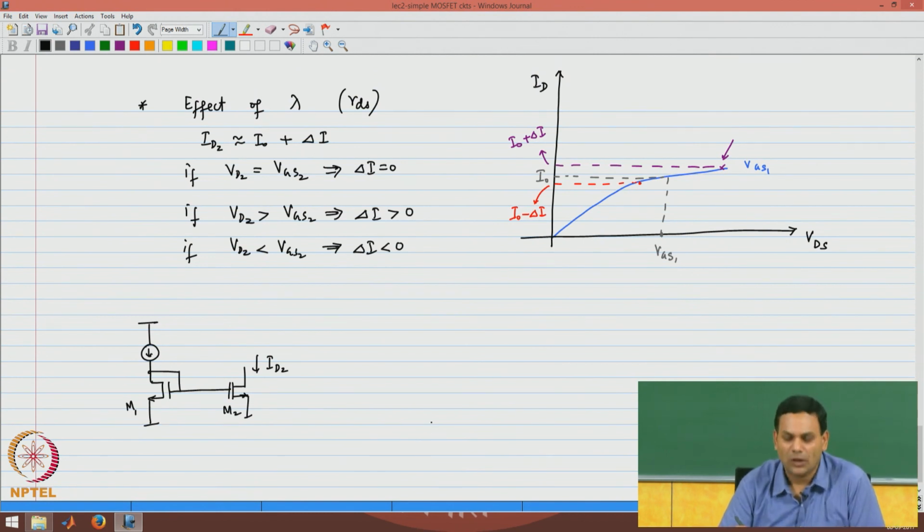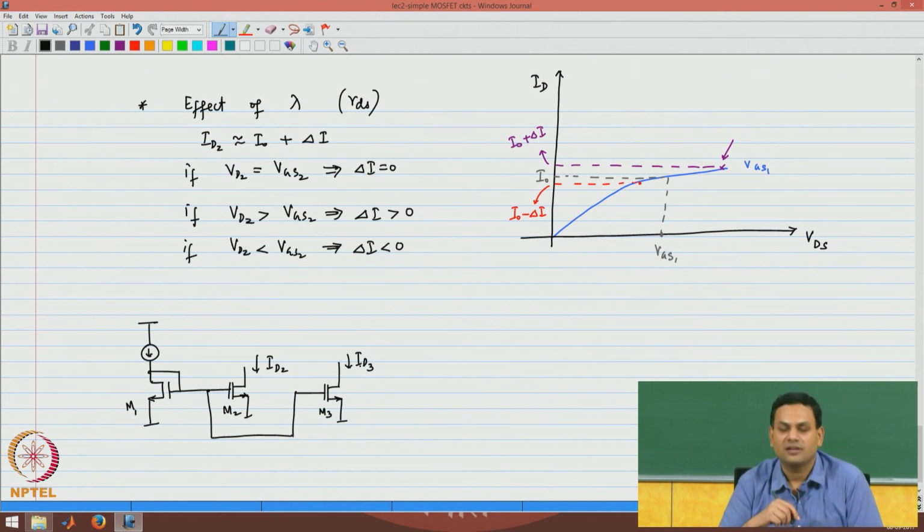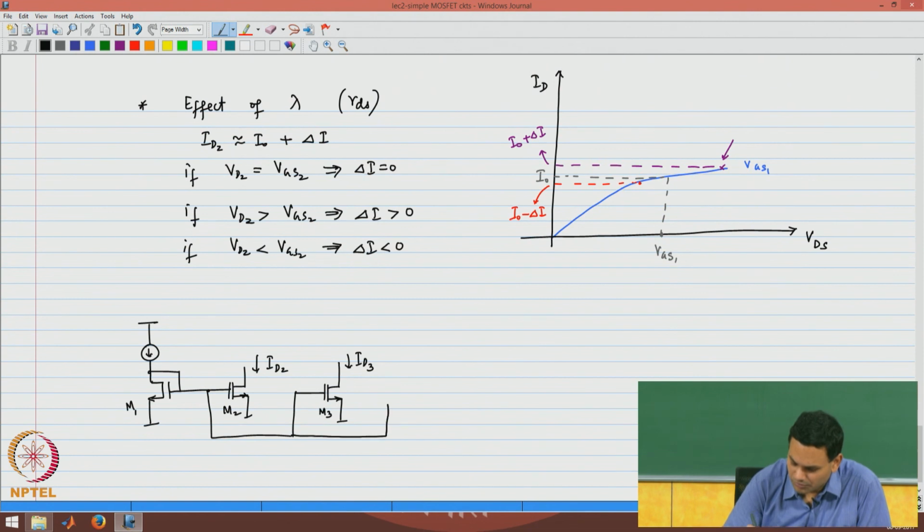I have generated one copy here, but nothing prevents me from connecting this to a third MOSFET, generating a second copy of this current, and so on. I can generate as many copies as I want.